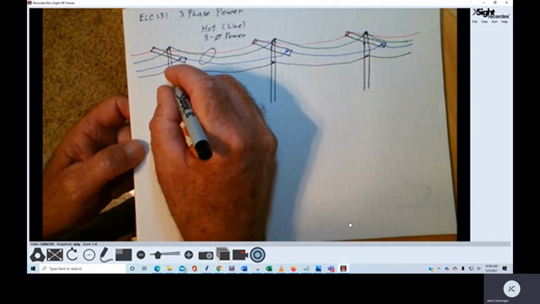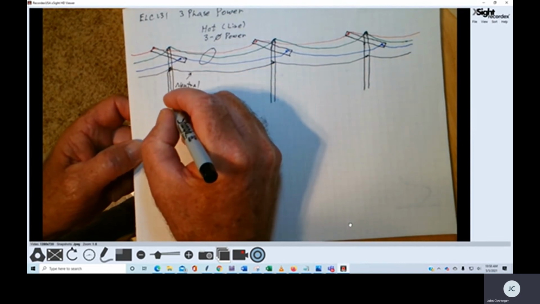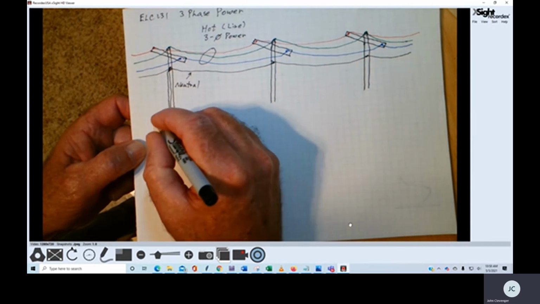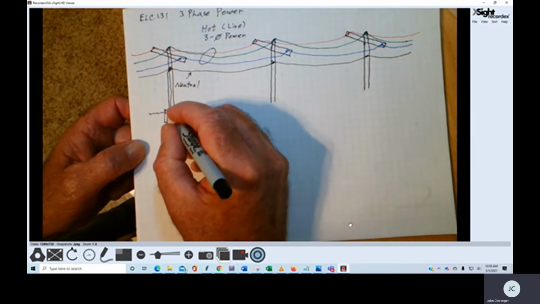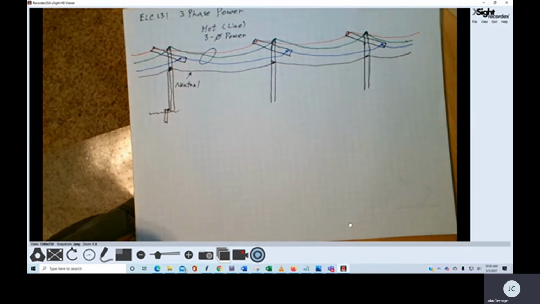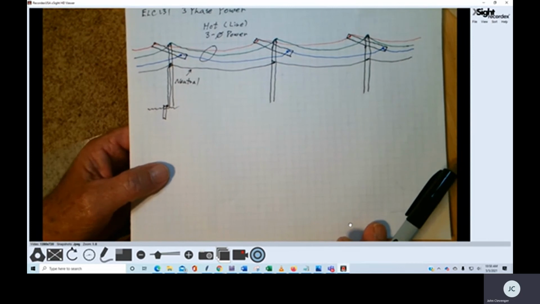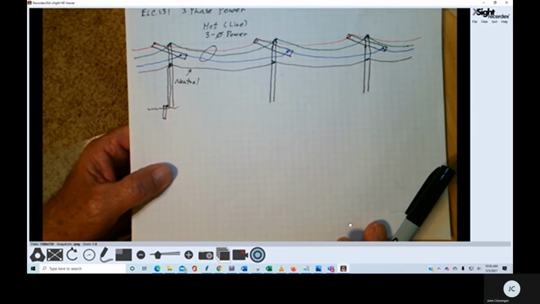And the neutral, of course, is connected to go down to a wire that connects to a rod that's driven in the ground. So the neutral is grounded. And we'll talk about what the three-phase power is here in just a few minutes.